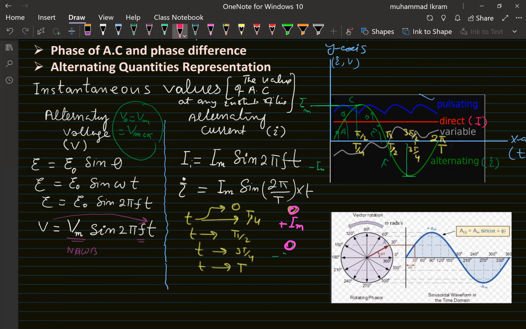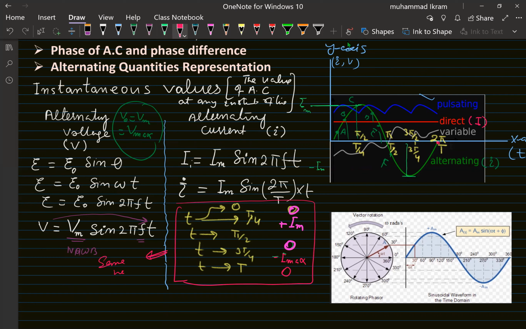And after one complete time period, 2 pi radian or t equal to T, you have again the value 0. So this might be better for your MCQs.